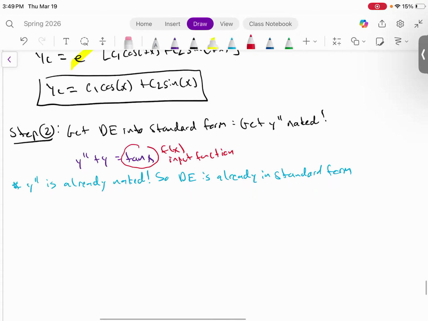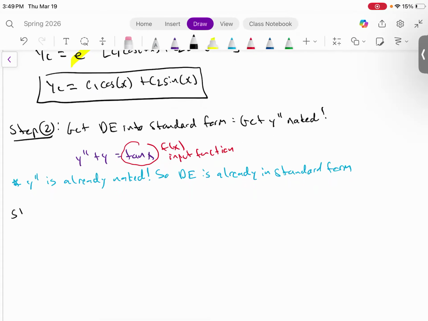So moving on to step 3, that's where we pick our trial particular solution. So make a guess for our particular solution. But as we do with variation of parameters, it's always u1 times y1 plus u2 times y2.